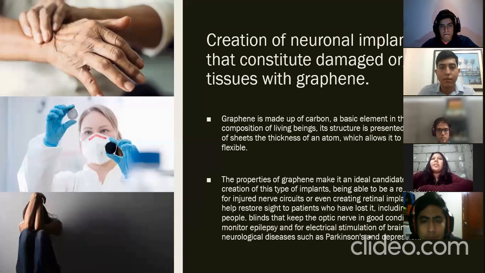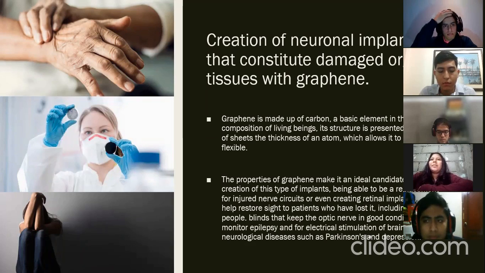Application of graphene in medicine. Creation of neural implants that make organic tissues with graphene. The bonds between the molecules are a strong aspect that gives stability to the compound and could have other important uses.